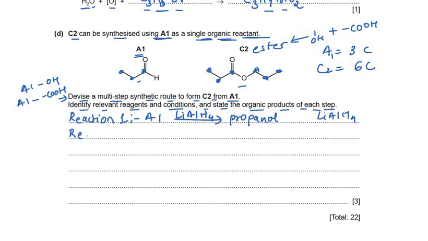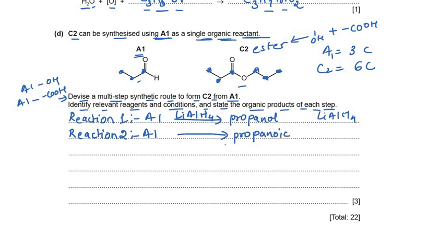Now the reaction to again change the A1 into a carboxylic acid. Now if it's an aldehyde, how do we change it to carboxylic acid? Propanoic acid we need.